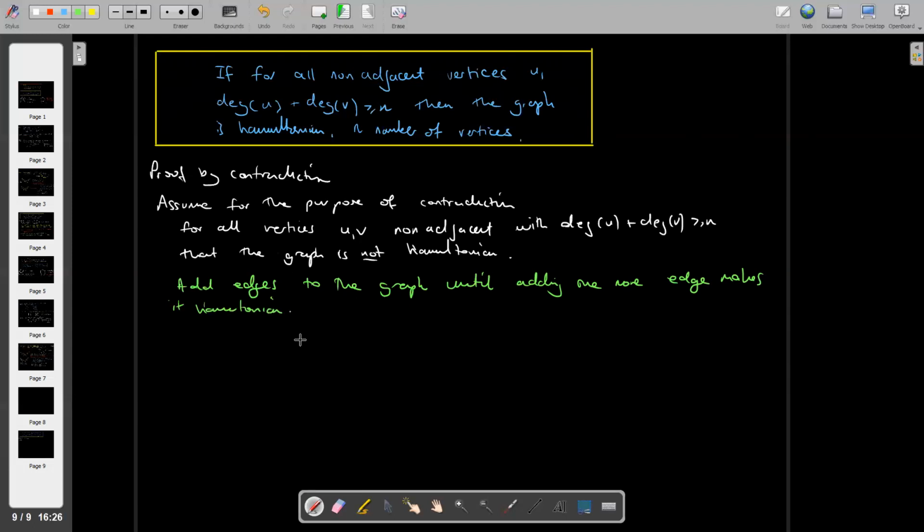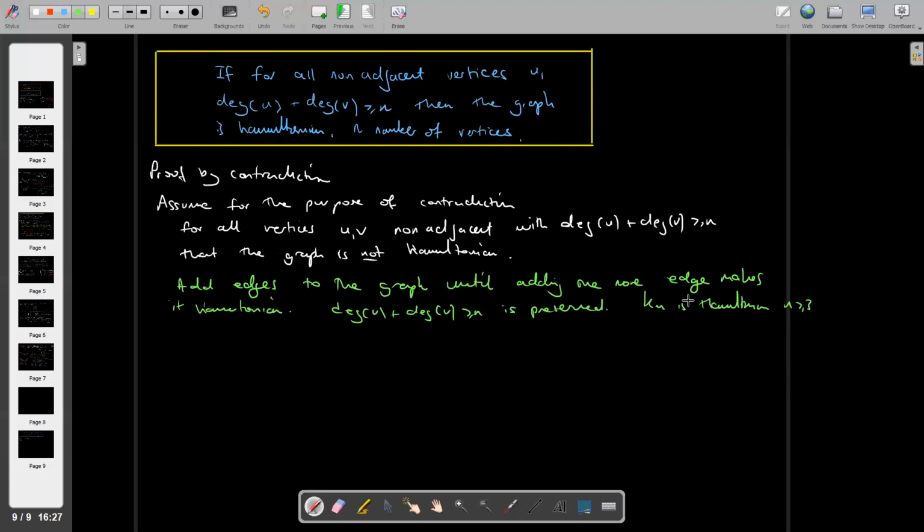Because adding edges preserves the fact that the degree of u plus the degree of v is greater than or equal to n, that fact is preserved. As well as that, this is always possible because the complete graph with n greater than or equal to 3 is Hamiltonian.